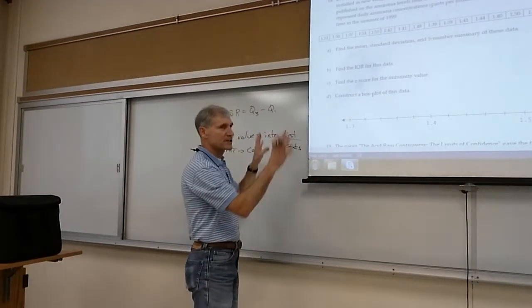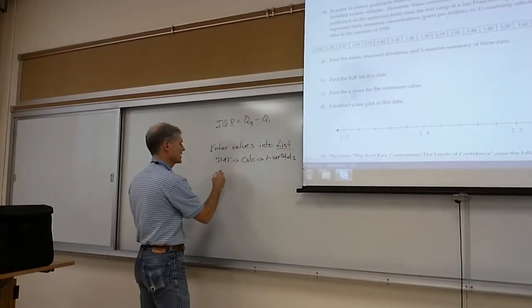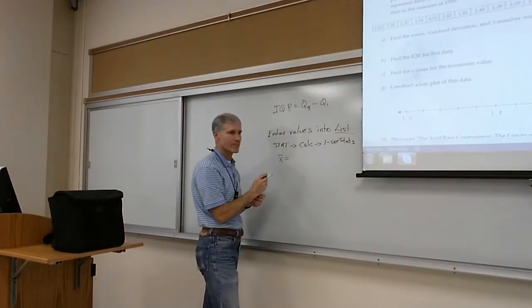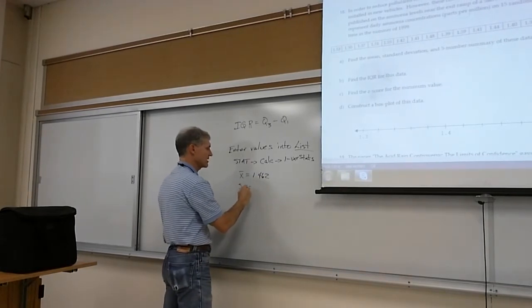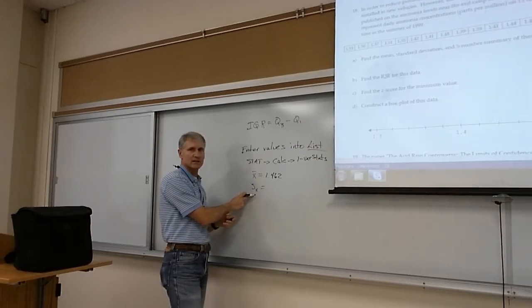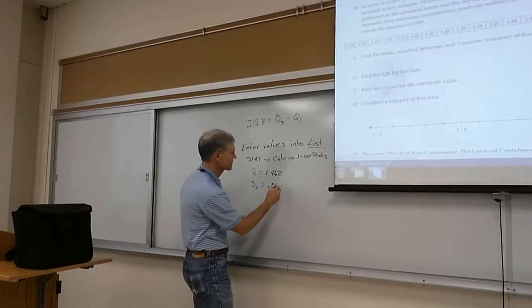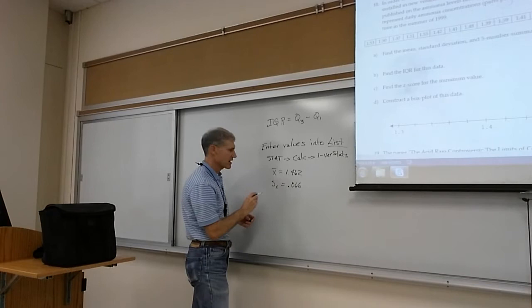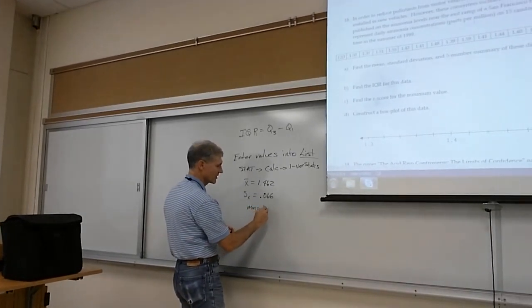Okay, without taking the time to enter all the data, let's just get the answer. What is the mean, X bar? 1.462 out to 3 places. And the standard deviation will be labeled Sx on your calculator. And what is it? 0.066. Okay. And then the 5-number summary. They asked for that. So we need the min, 1.37.